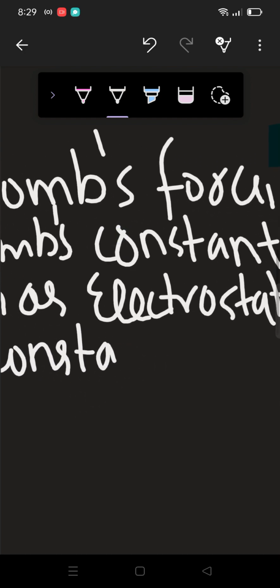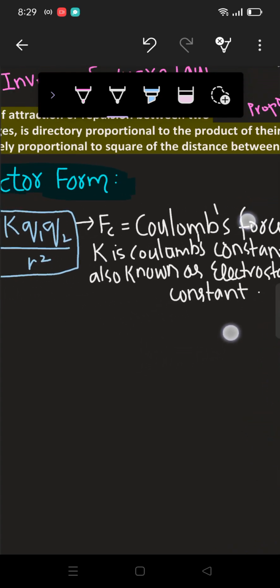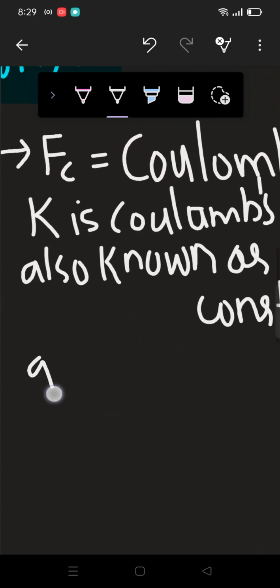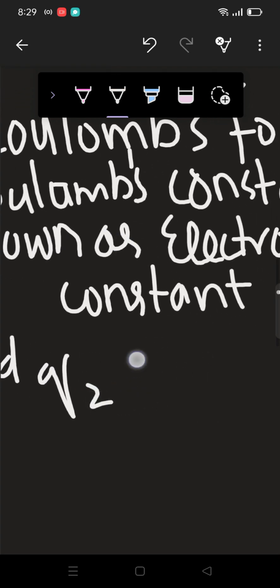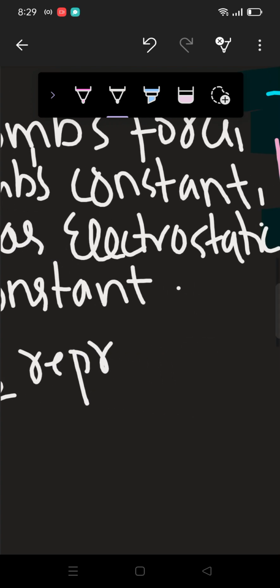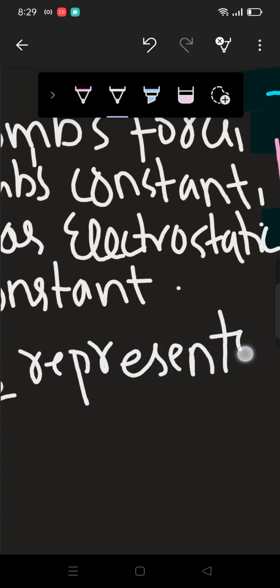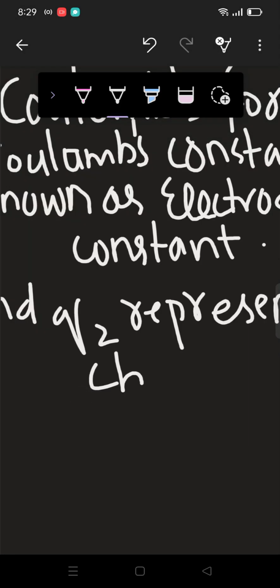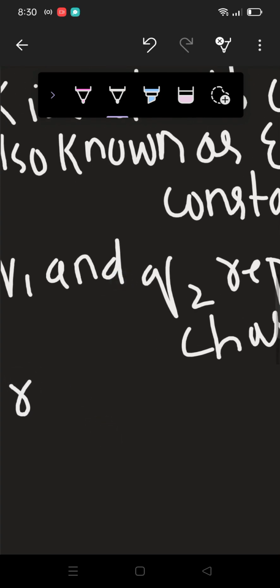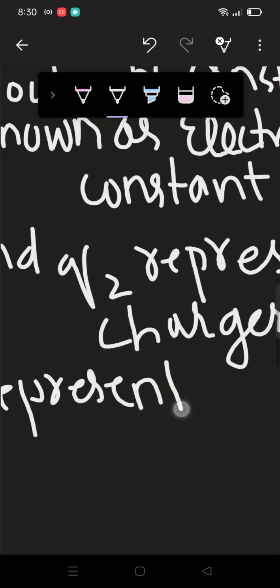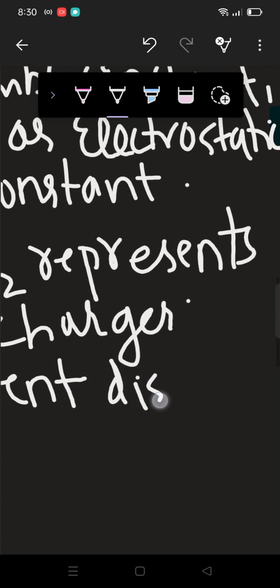And I have taught you this too, it is not actually Coulomb's constant, it is actually the constant of Gauss's and Coulomb's law, right? And Q1 and Q2 represent charges, all right? And finally R represents the distance between these two charges.